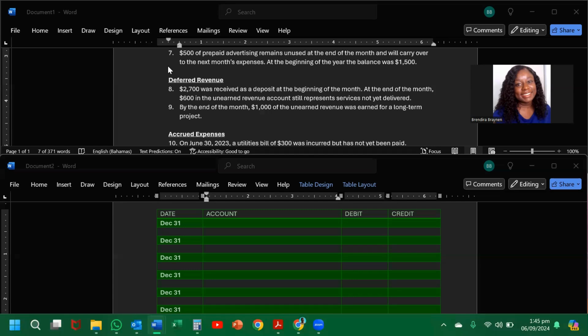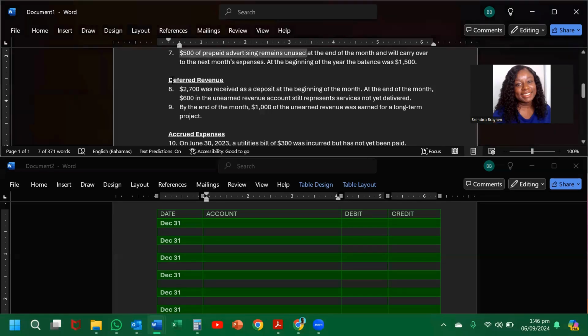It's actually real revenue. In these instances, the two accounts that tend to be affected are a liability account, because any type of deferred revenue, or what we call unearned revenue, is a liability account, and a revenue account. We're moving the numbers from the liability account to a revenue account.